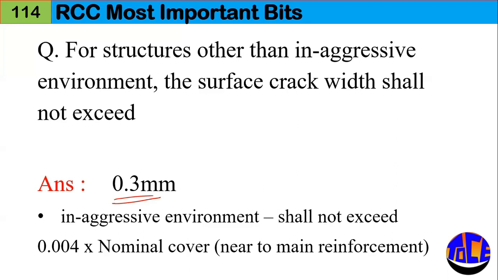Those are called aggressive environments. Areas other than these come under a non-aggressive environment, where the maximum crack width is 0.3 mm. Whereas in aggressive environments, the crack width shall not exceed 0.004 into nominal cover. This should be checked near the main reinforcement. So 0.004 into nominal cover in aggressive environment, and in other areas the value is 0.3 mm.